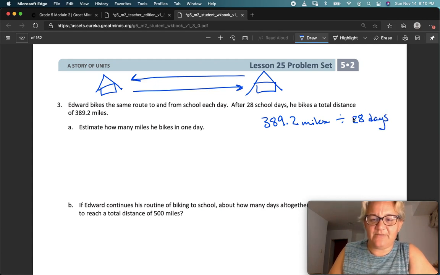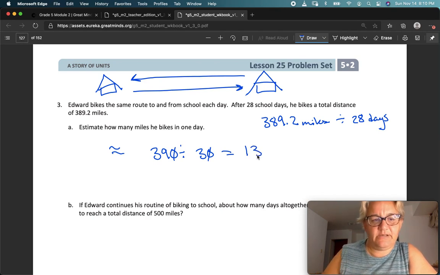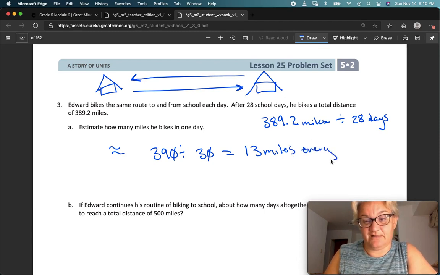So let's go ahead and round this up to 30, and this I'm going to round to 390, which equals 13. 13 miles every day. That's a lot. That's far.